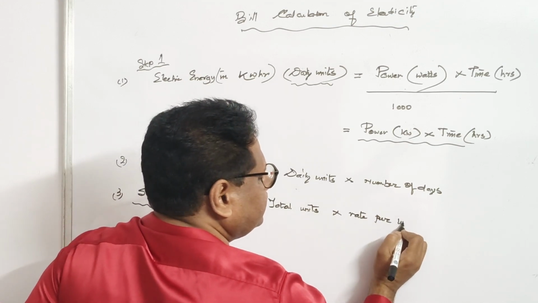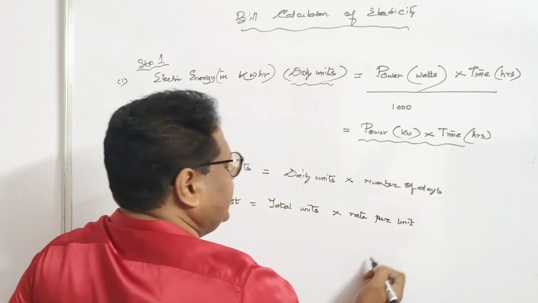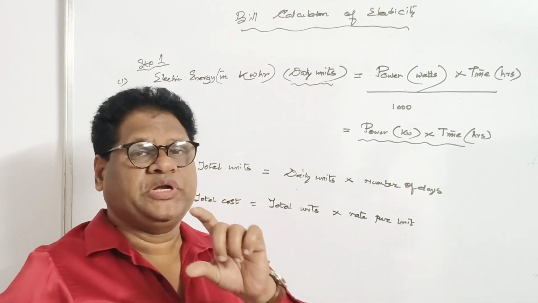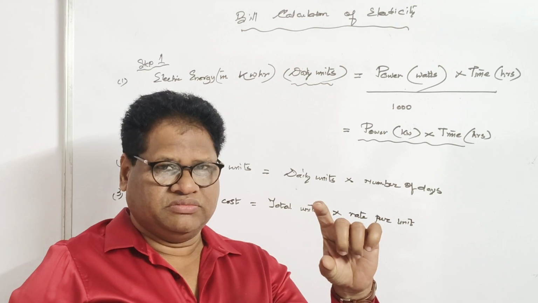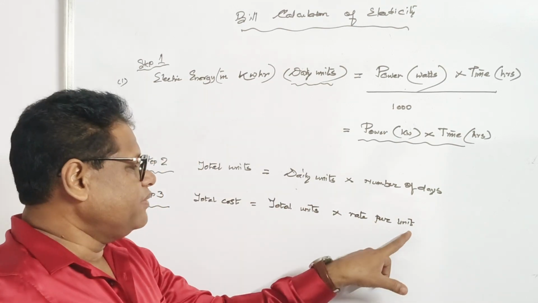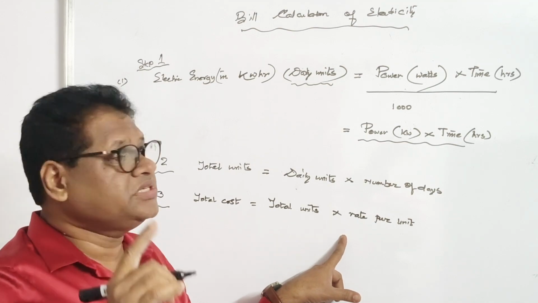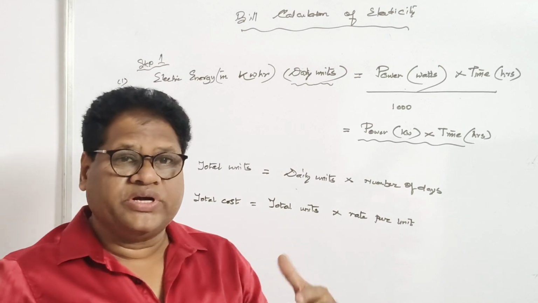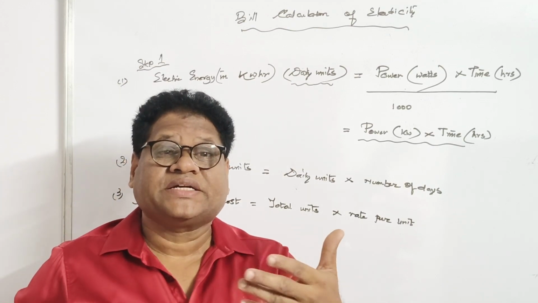Every electricity board has a particular rate specification, what they are going to charge per unit. That is the rate per unit. 1 unit means 1 kilowatt hour. We say 1 unit because this is the units consumed recorded by the electric meter.